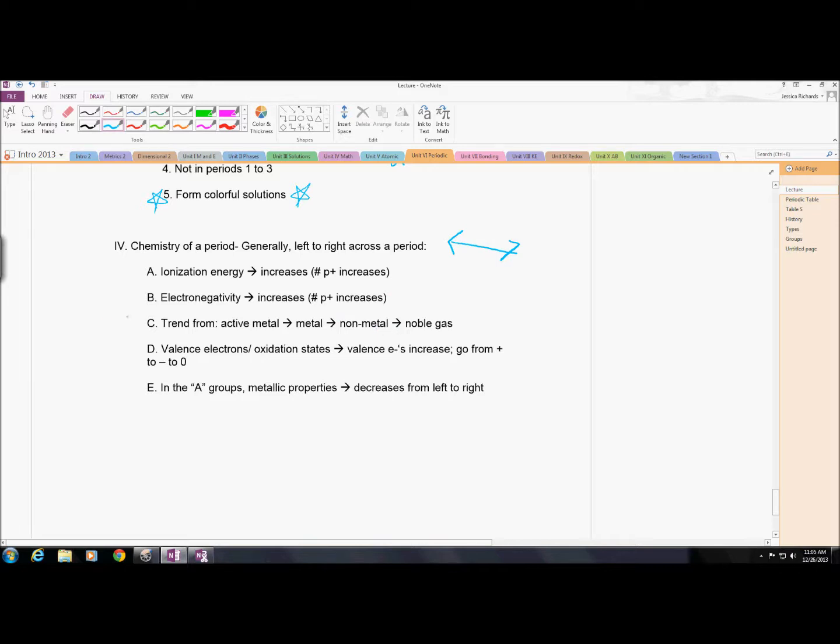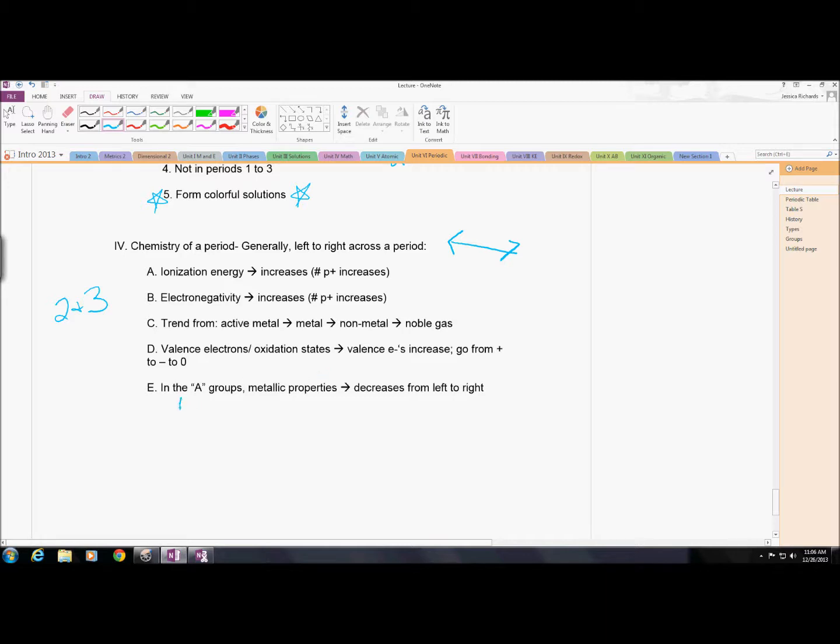If we're looking for trends in a period, stick to periods 2 and 3. You avoid the transition metals that way, and period 1 is just too small. It only contains hydrogen and helium. The valence electrons, you can just look at your periodic table and see them increase. We go from making positive ions to negative ions. We end at the noble gases making no ions at all, or zeros for their oxidation states.